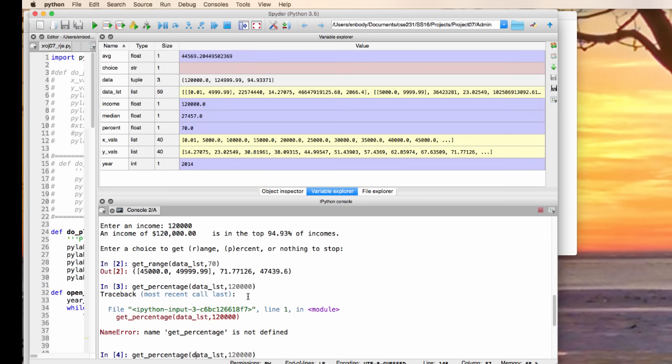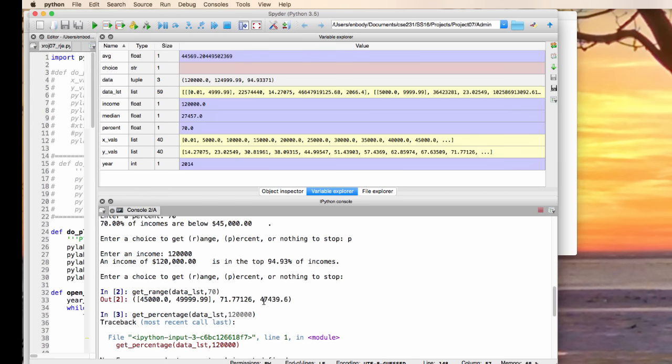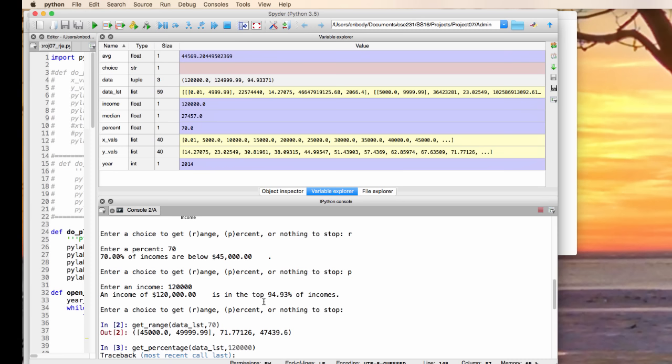It's not get percentage, it's get percent. Let's try that. There we go. And again, we see here that when I gave it 120,000, it gave me that range of values. So yeah, that's really it.